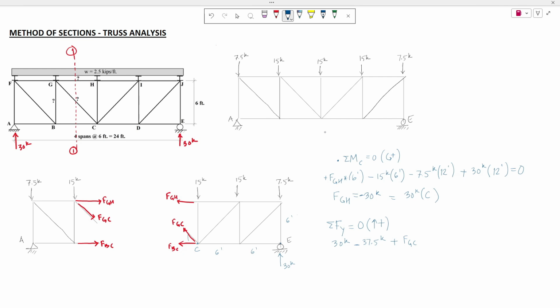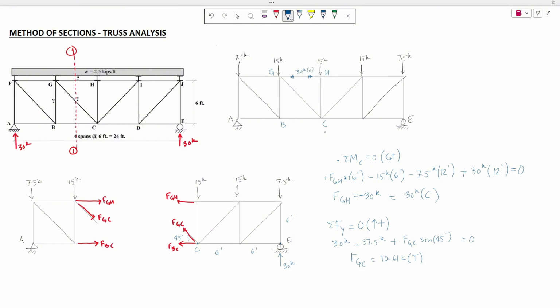We know the angle is 45 degrees, so sine 45 degrees, and summation of all these forces in y direction is 0. Upon solving this, we calculate FGC to be 10.61 kips in tension.